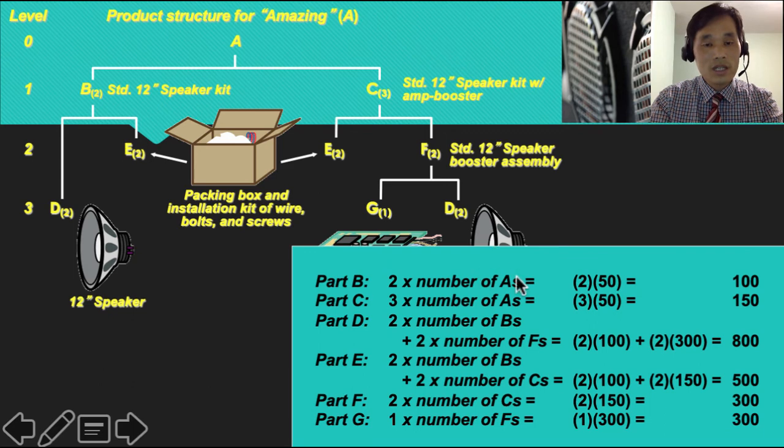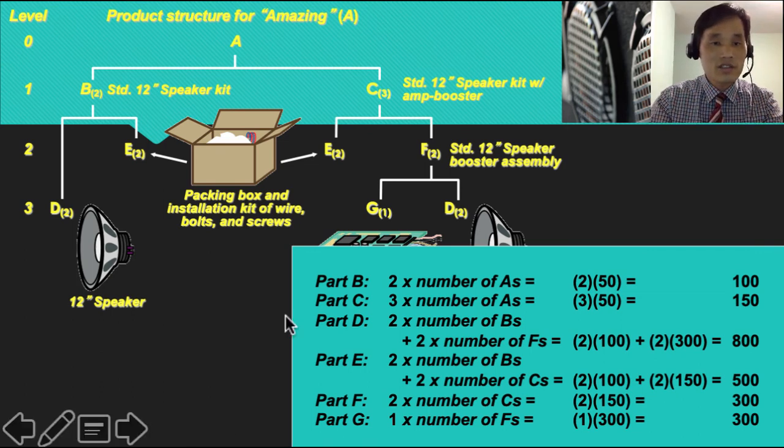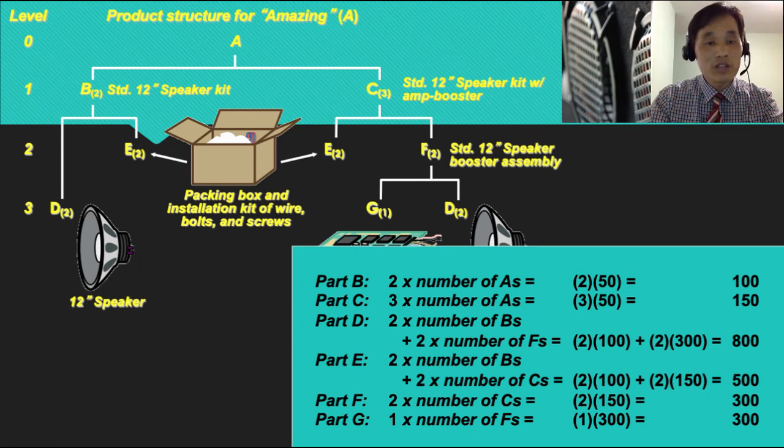Add them up and the answer is 4,800 Ds to make 300 speakers. So in this way, you can calculate that. This looks simple, however, in reality it can get really complicated, and that's why we are learning MRP.